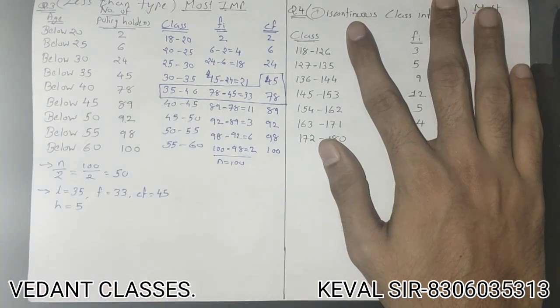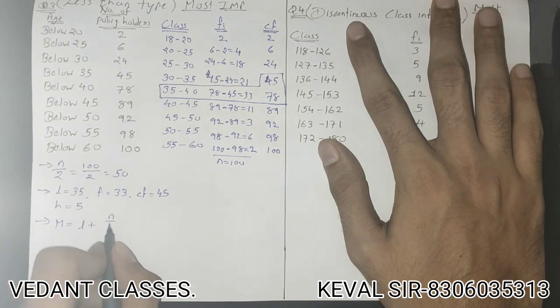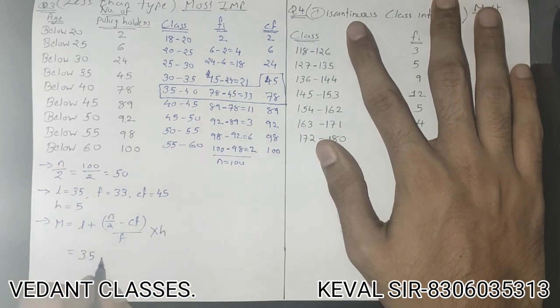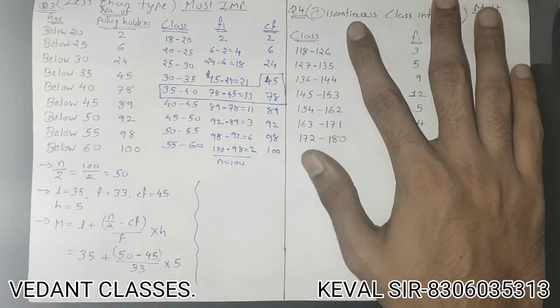Okay, so now let's apply the formula. M is equal to L plus n by 2 minus CF upon f into h. So this will be 35 plus, n by 2 is 50, minus 45, then frequency is 33 and the value of h is 5. Let's calculate.